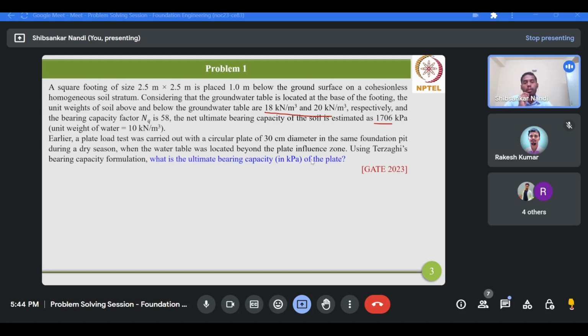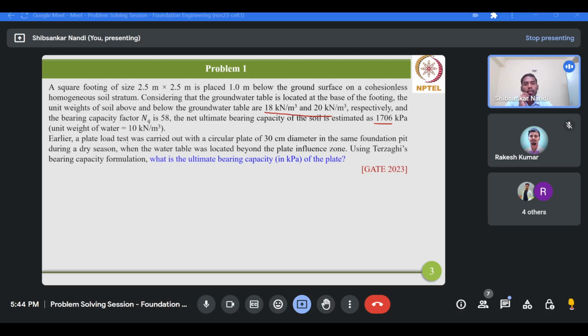I don't know whether by that time you have the idea of plate load test or not. So do you have any idea for plate load test? How to conduct it and what properties you can extract from this kind of test?